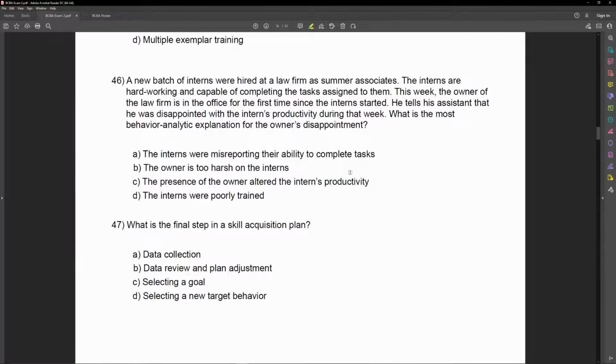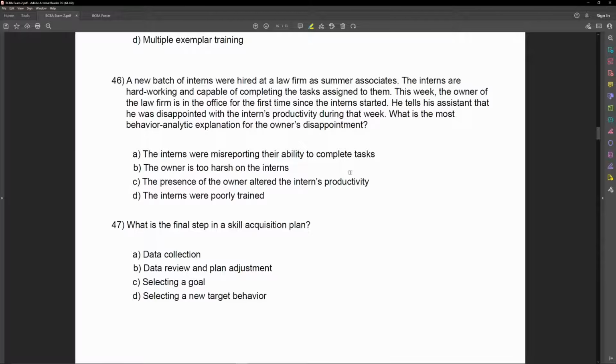C, the presence of the owner altered the interns' productivity. Absolutely. Is that possible? Sure. What is that term called? Reactivity. Maybe the interns reacted to the boss being there for the first time ever. Reactivity is a very powerful thing, a very real thing that severely impacts behavior. So far C is the only behavior analytic explanation we have for this behavior change.